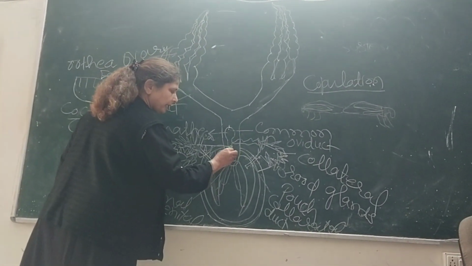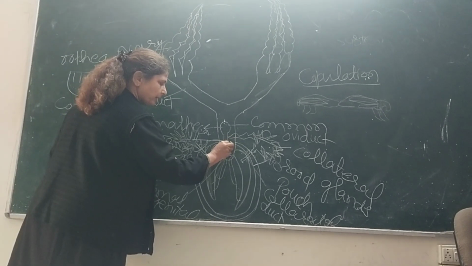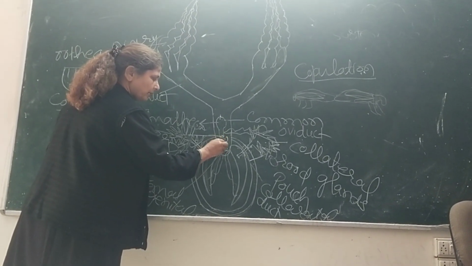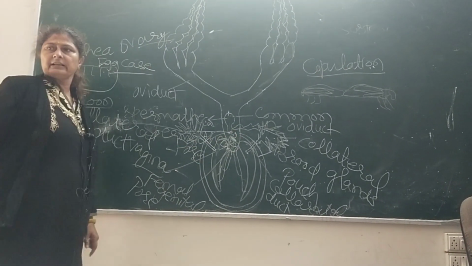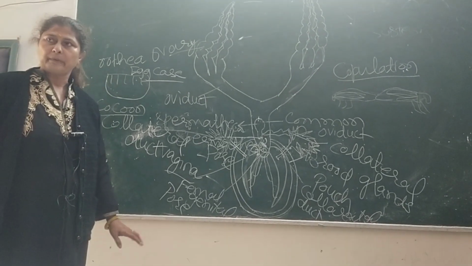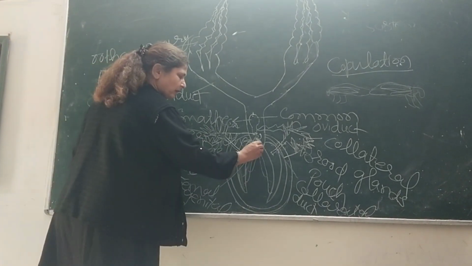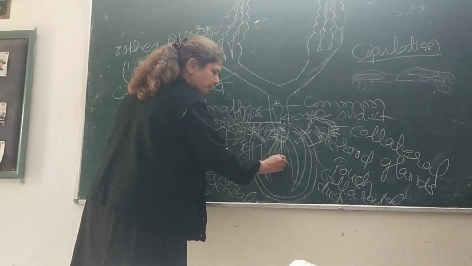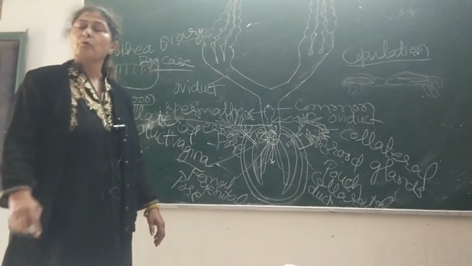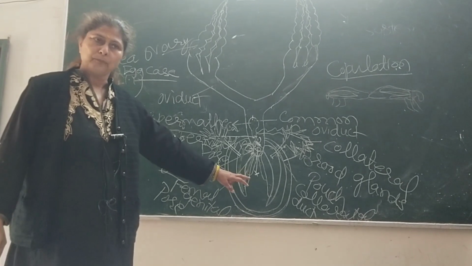Suppose this is an egg, the sperms come here and fertilization takes place. Now the fertilized eggs come from the female genital pore into the brood pouch portion.